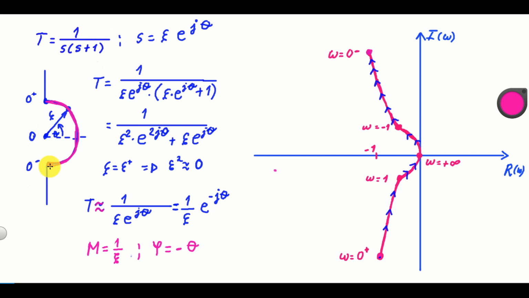First of all, theta over here is equal to minus pi over 2. This point is mapped over here. Let's compute the phase. From this expression, theta is equal to minus pi over 2, which implies that phi is equal to pi over 2. And this is consistent with this graph, since the phase over here is pi over 2.